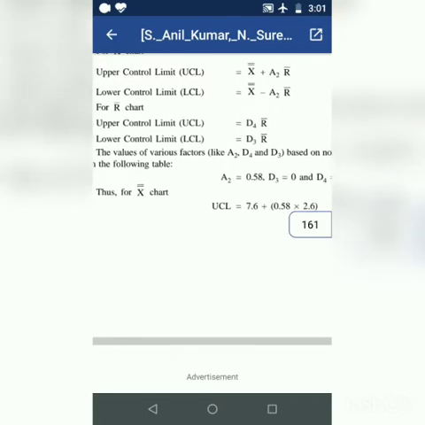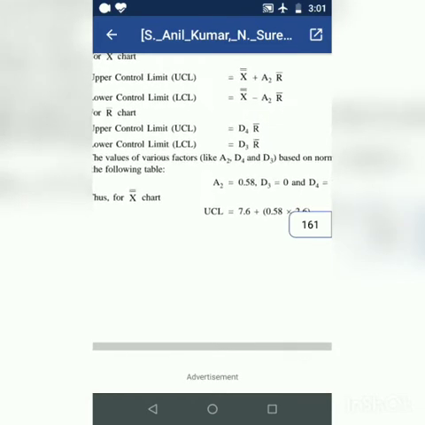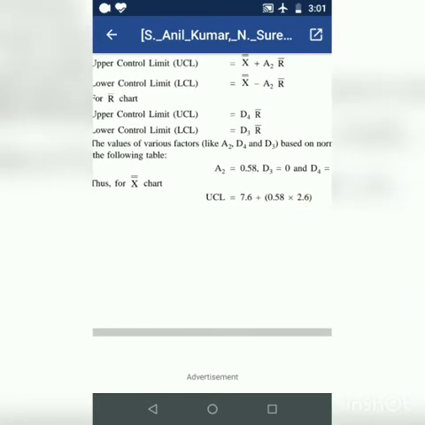So now to determine the value of upper control line, we will use the formula that is equal to x double bar plus A2 R bar. So x double bar value is 7.6 plus A2 value is 0.58 as given in the problem, and then we will multiply this with the value of R bar which is equal to 2.6.